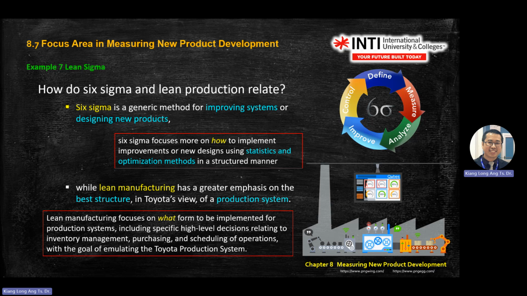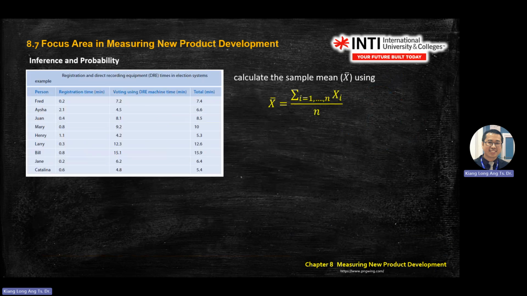You learned about Six Sigma, right? Previously? Yes. Okay. Six Sigma is how we improve, focusing on how to implement improvement using statistical data. And lean manufacturing, the word lean itself is to reduce waste in the process. So you read through.